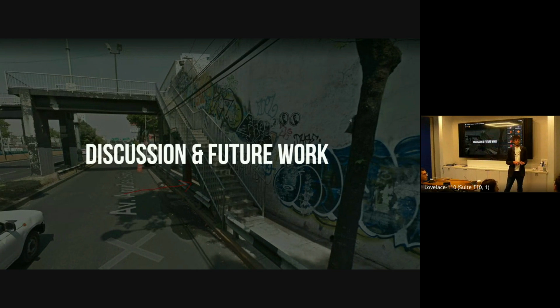Have you looked at, with Project Sidewalk, building an app that will allow you to do navigation? Because a lot of people use Google Maps for walking routes, but there's no guarantee that that route would be accessible. But it seems like with this data, you could build that into your navigation planning.